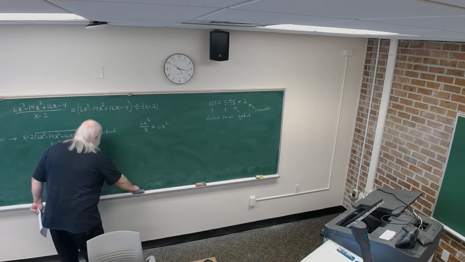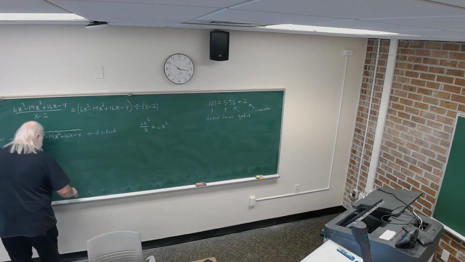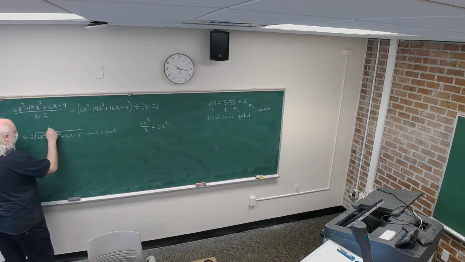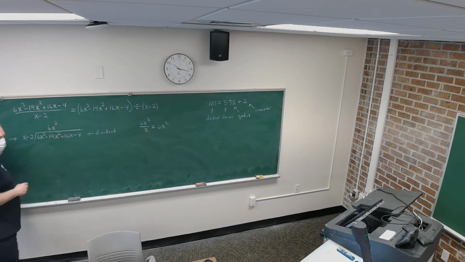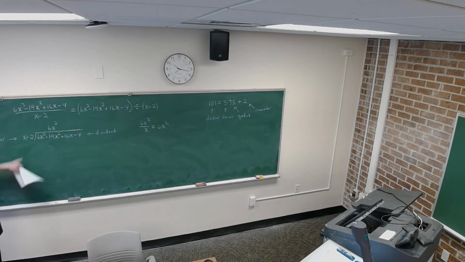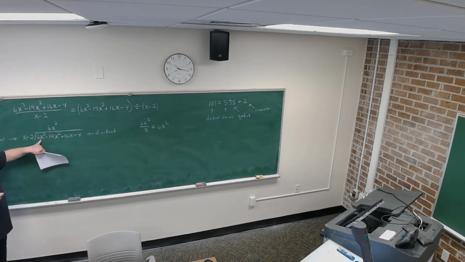Correct, I said that wrong. Above. Sorry about that. I'm doing it like we did with real numbers, right? x goes into 6x cubed 6x squared times, right? So I put it above the term in the dividend with x squared.